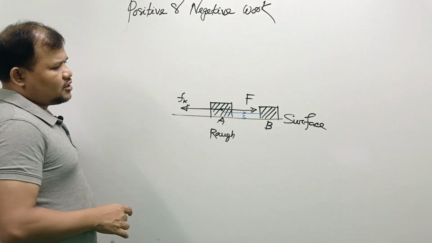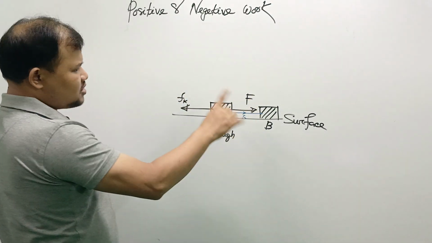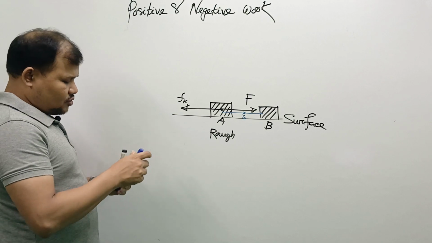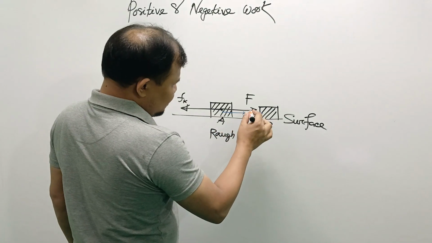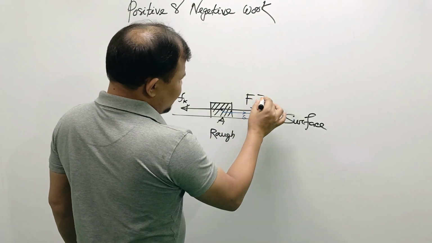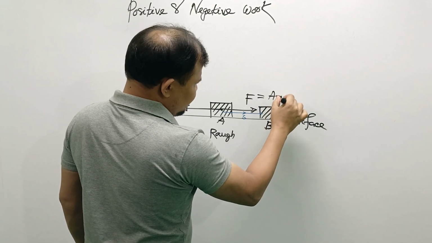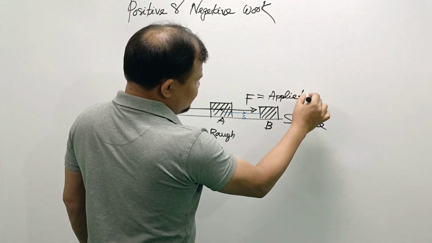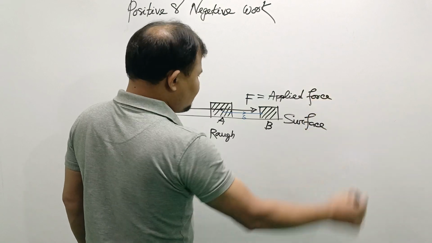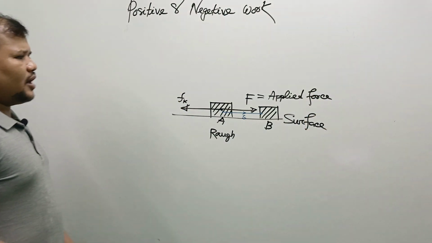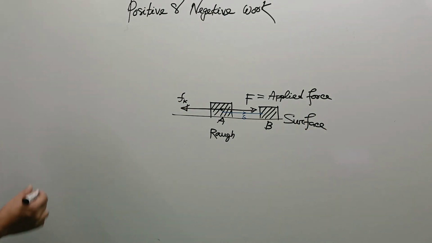As the direction of the displacement and applied force is the same, the angle between the applied force and displacement is 0 degree.